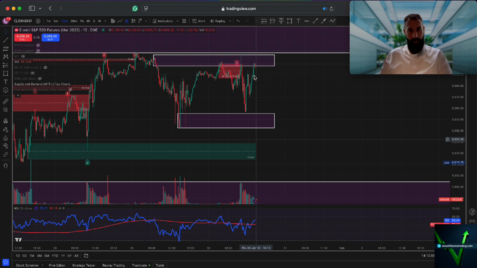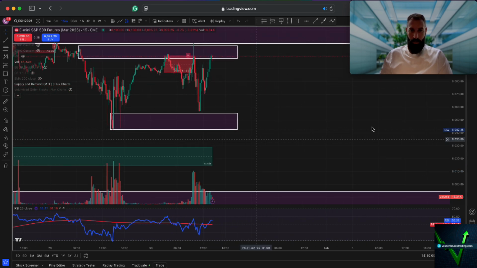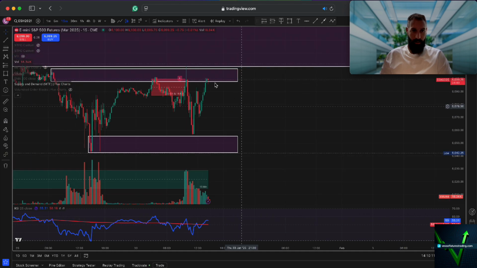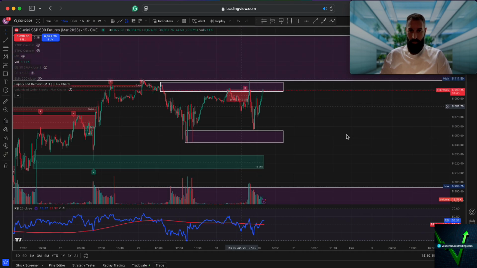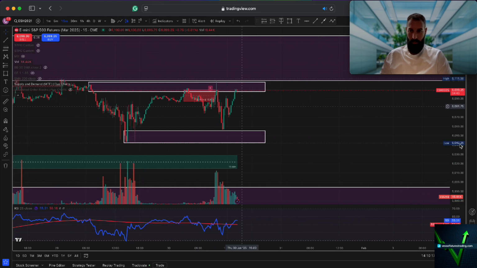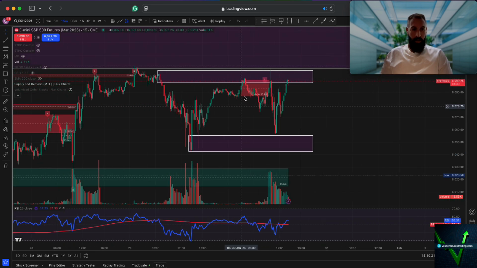Basically, buyers got into the picture. We're in this position right now, and obviously when it reaches again, it can potentially reverse. But here's what's potentially going to happen. We never promise anything because the market will always say its last word. We know when we are in a minor demand or minor supply area, which is close to a major area, the likelihood that the price will break the minor and go to the major is very high.